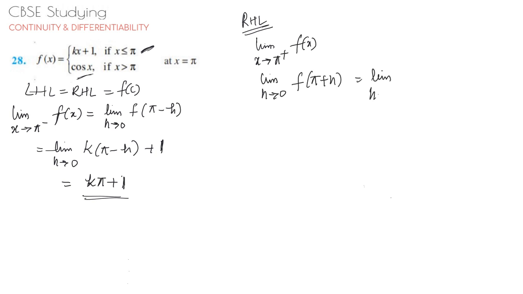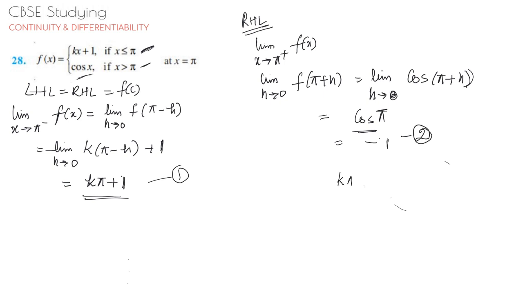What is the value when you take x greater than pi? It is cos(pi plus h). Now substitute the value of h as 0. What are you left with? Cos pi. Now what is the value of cos pi? It is minus 1. So if this is your equation number 1 and this is your equation number 2, you will equate both of them. K pi plus 1 is equal to minus 1.